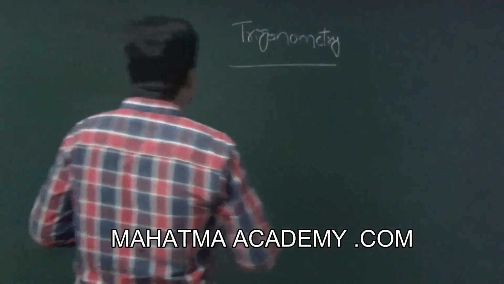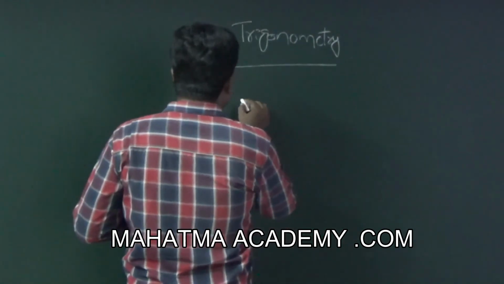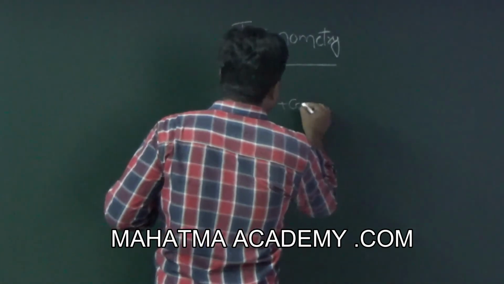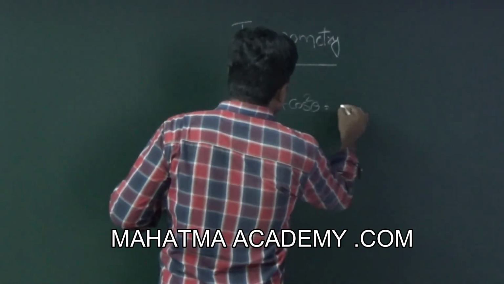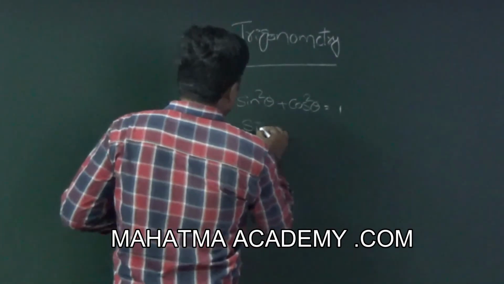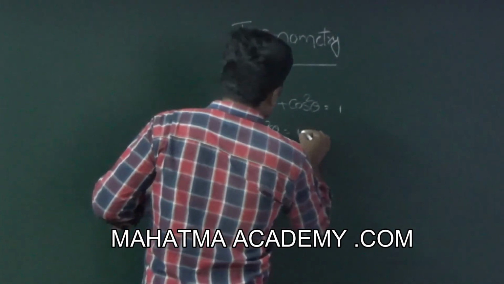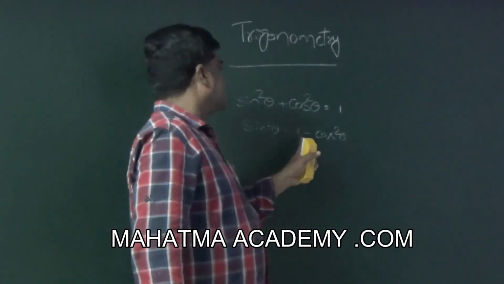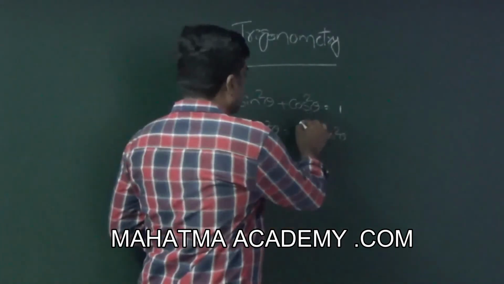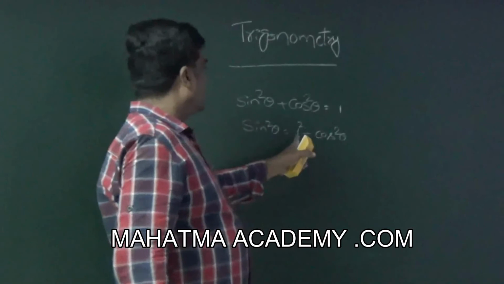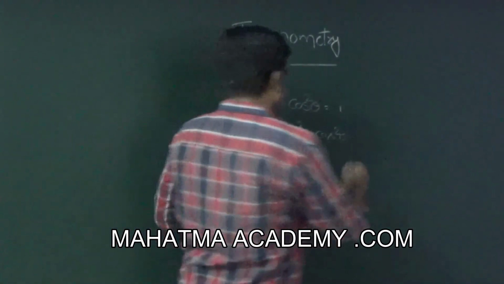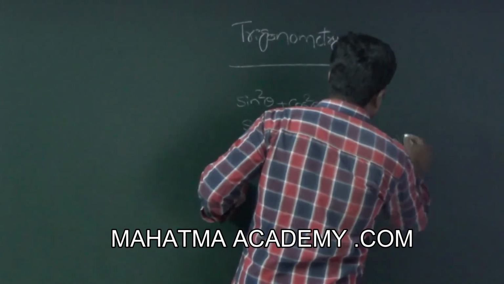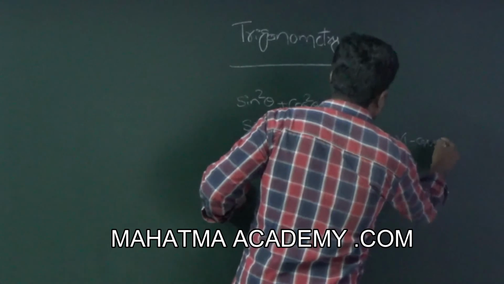One more concept. Sin square theta plus cos square theta equals 1. So sin square theta equals 1 minus cos square theta. This also looks like a square minus b square. 1 square is 1, so 1 square minus cos square theta we write as 1 plus cos theta into 1 minus cos theta.